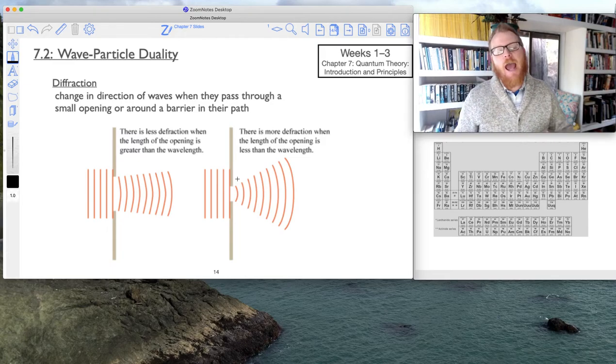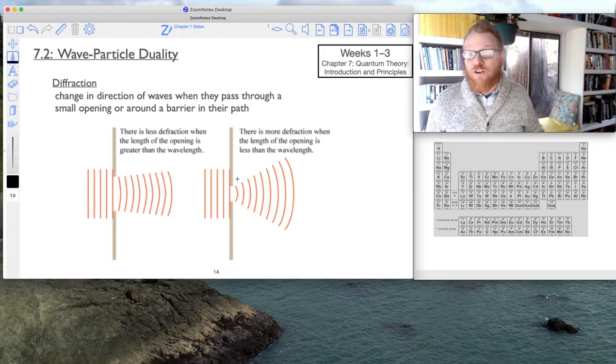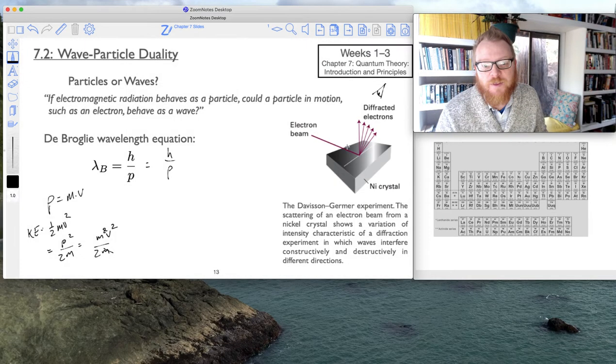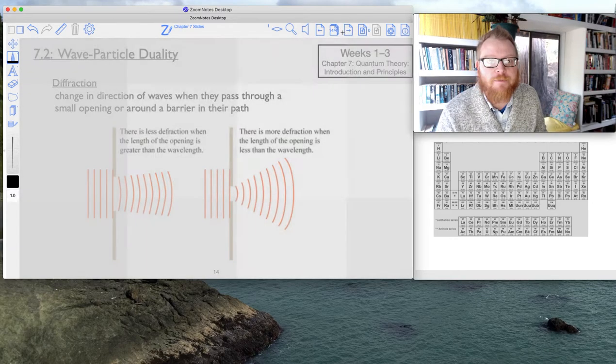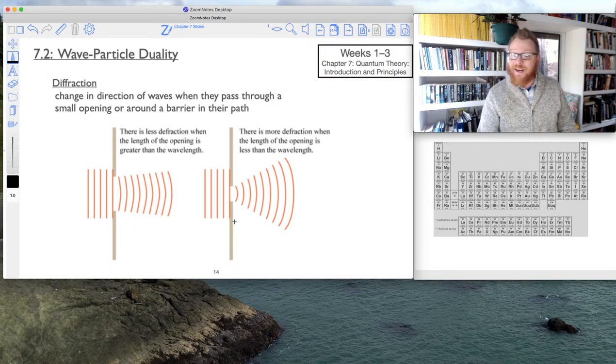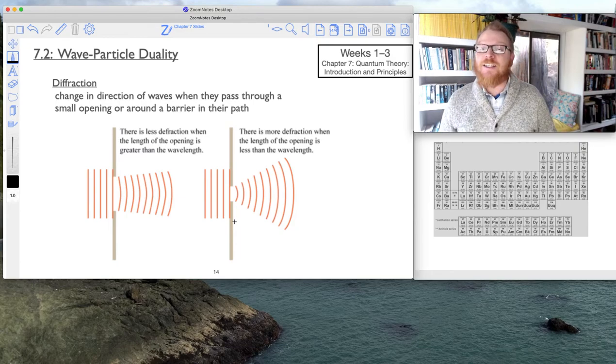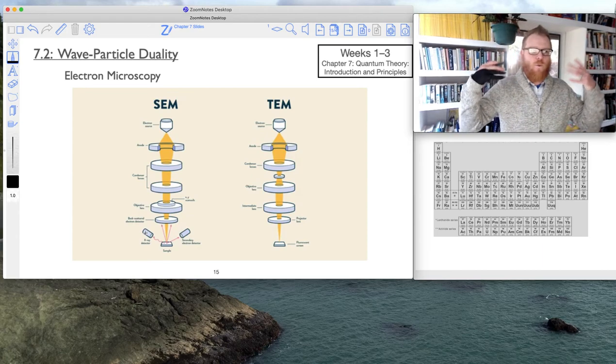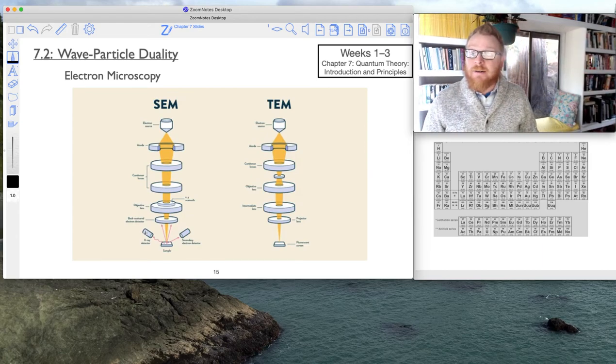Now, what we have to consider with the Davisson-Germer experiment is that these openings are related to the space between atoms in a crystal lattice, which is very cool. This is exactly what has led to electron microscopy.